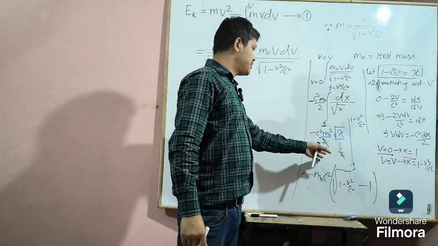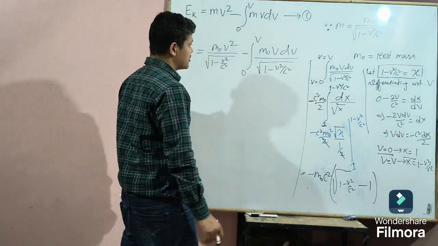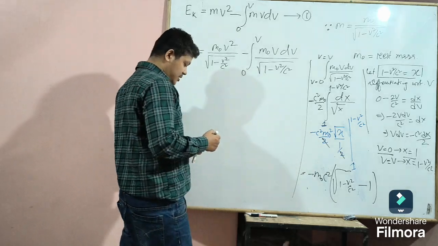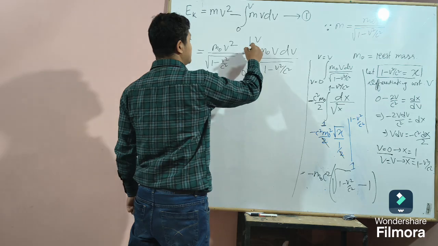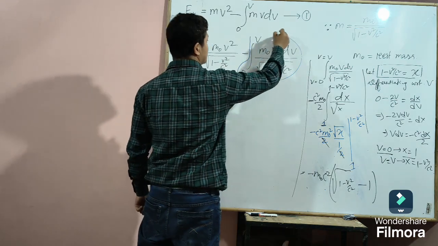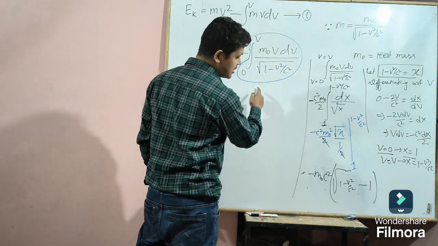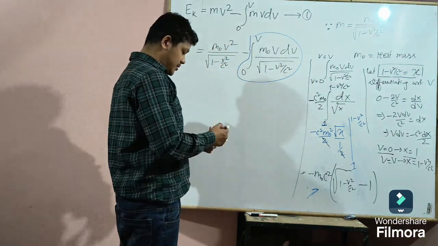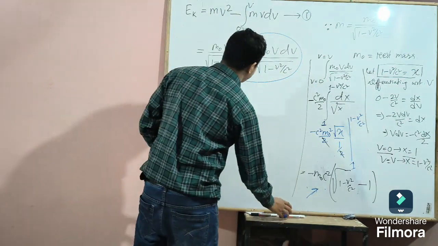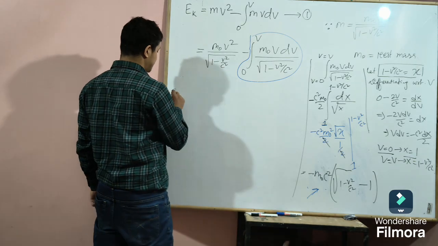Then here we have used the integration formula. So now we have got the result of this integration, this part, right? Now let us replace this part by this result. This is the result of this one. So now let us replace this. If you do so, then what are you going to get?